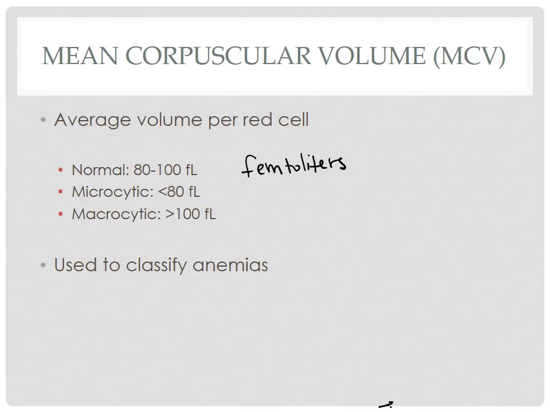So if the cell is between that 80 and 100 FLs, then that is a normocytic cell. If it's less than the 80 femtoliters, it's considered microcytic. And if it's macrocytic, it is greater than 100 FLs. And you use these measurements for classifying anemias. We'll be discussing them further later.